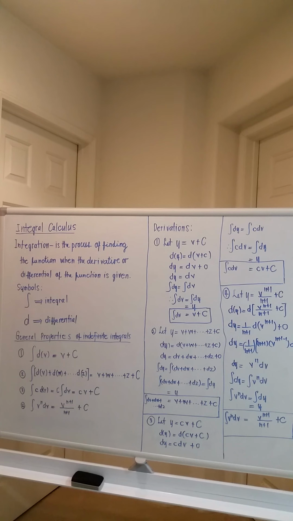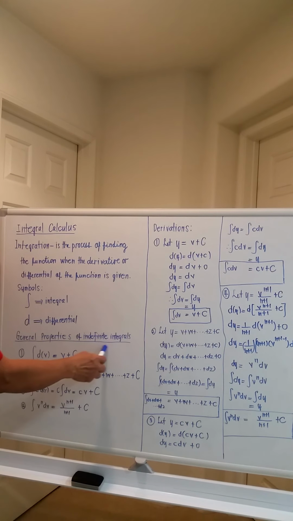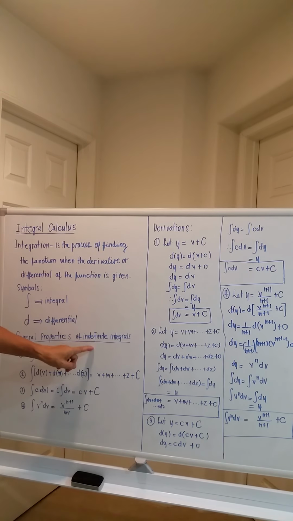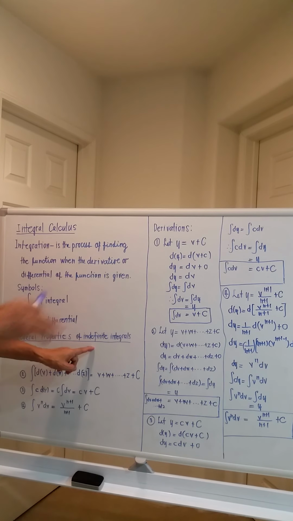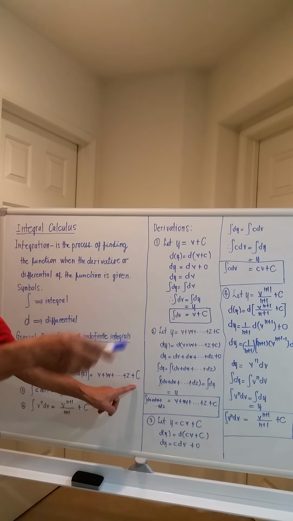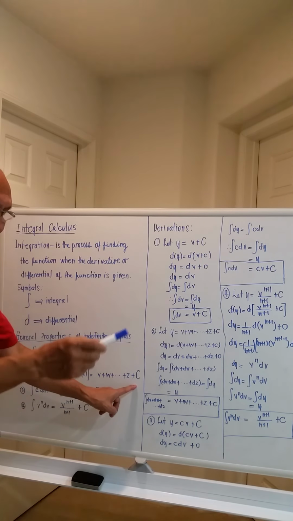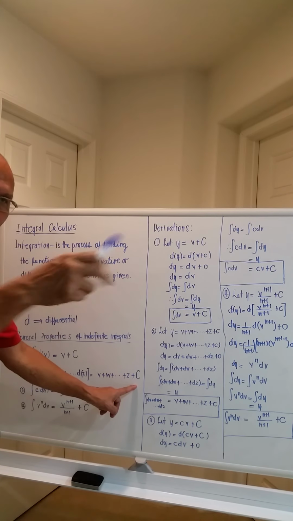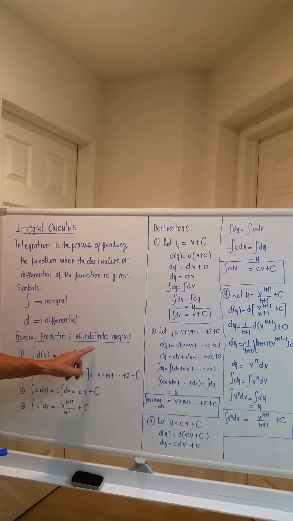Number one, general properties of indefinite integrals. Why indefinite? Indefinite because if we try to bring out our answer, there's always a plus C. A plus constant, meaning C is a constant, and since that C is not specified for the meantime, it refers to be indefinite.